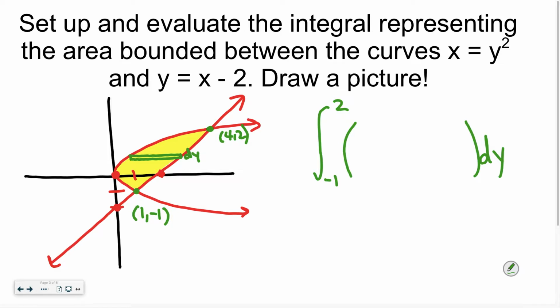No, that doesn't make sense because we're in terms of y. It's y plus 2. So you're going to need to rearrange this to solve for x. So y plus 2 is your line minus your parabola y squared. Go ahead and put that into math.